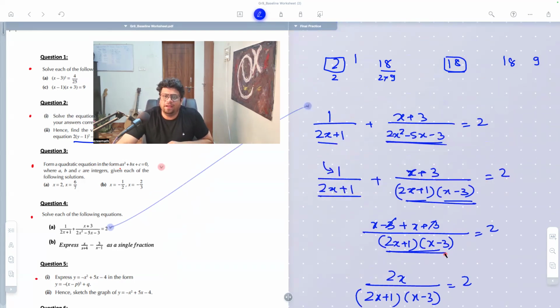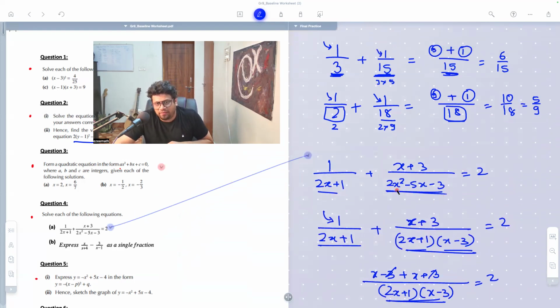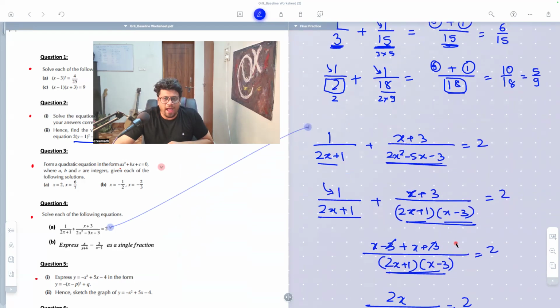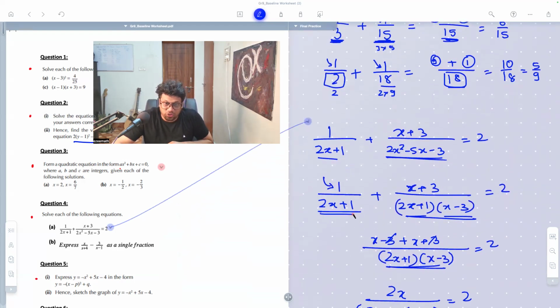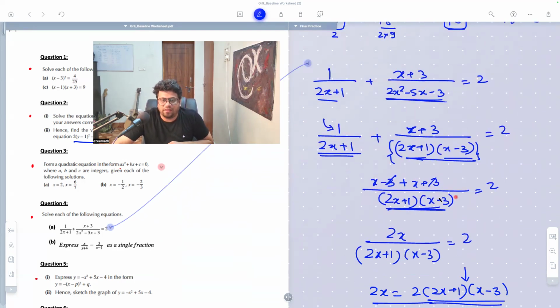The only trick here is about knowing that 2x square minus 5x minus 3 is a 2x plus 1 into x minus 3. And the LCM, if there is a 2x plus 1 here and a 2x plus 1 there, will just be the product of these two. And that's why there's going to be x minus 3 and x plus 3 up there.